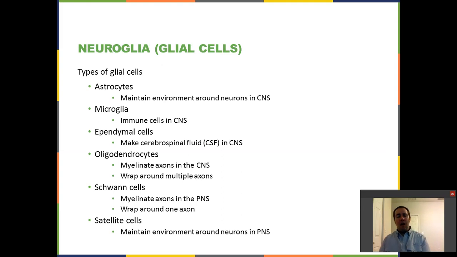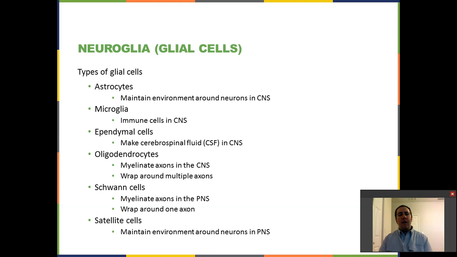These are neuroglia that you are expected to know. We're going to talk about which ones are in the CNS, which ones are in, actually, I don't know if I defined that. The central nervous system, we abbreviate CNS, and we abbreviate the peripheral nervous system PNS. Those are the abbreviations you're seeing on this slide.